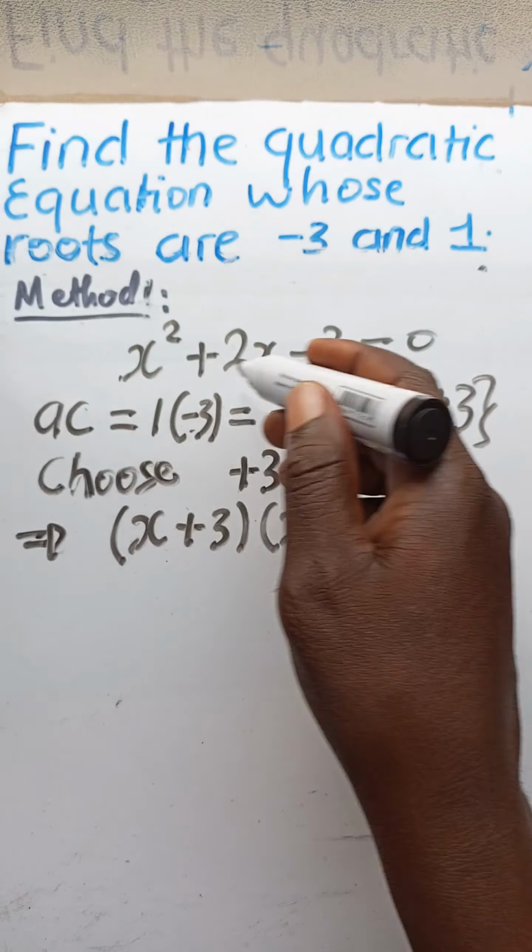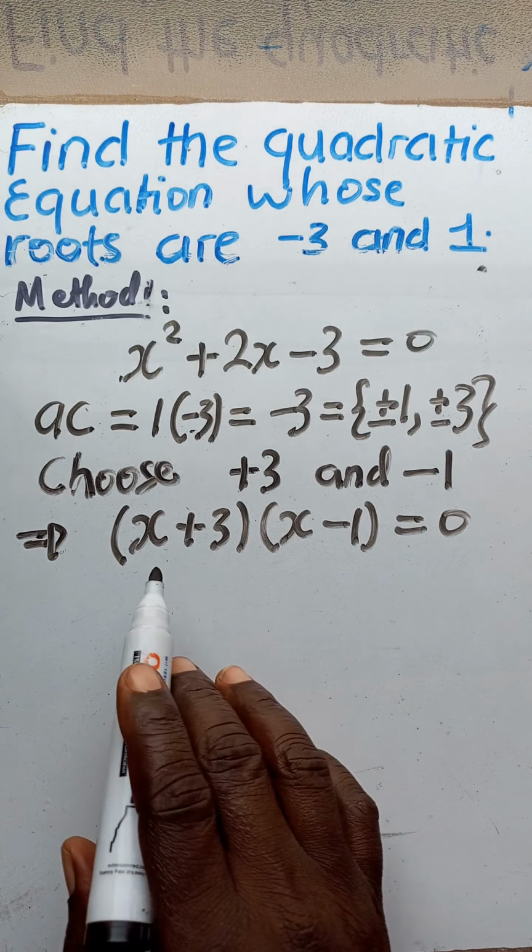So that quadratic equation here is the same as this in a factorized form. Now, we have the product of 2 factors giving us 0. If 2 things multiply to give 0, then either A is 0 or B is 0. So this is like our A and this is our B.